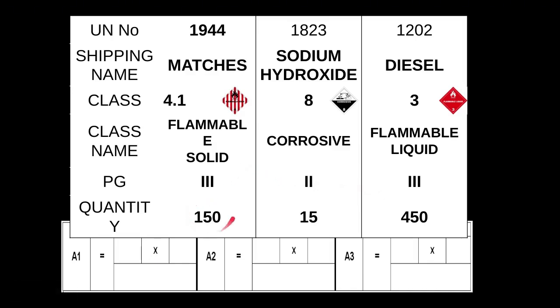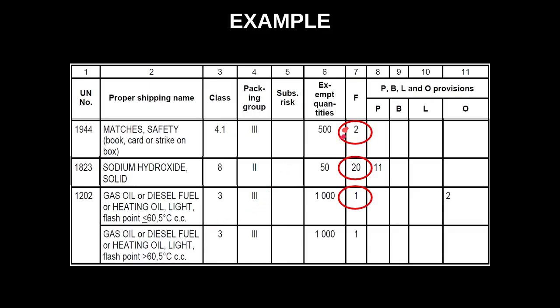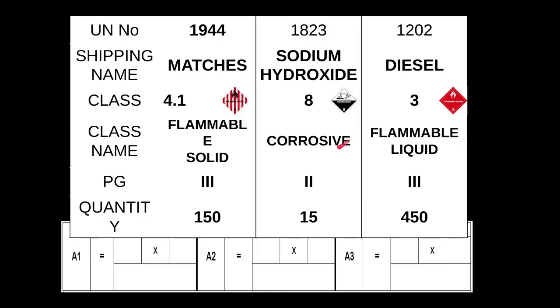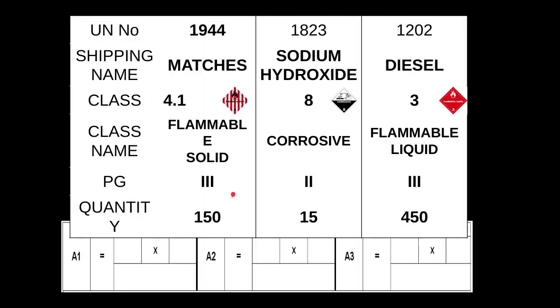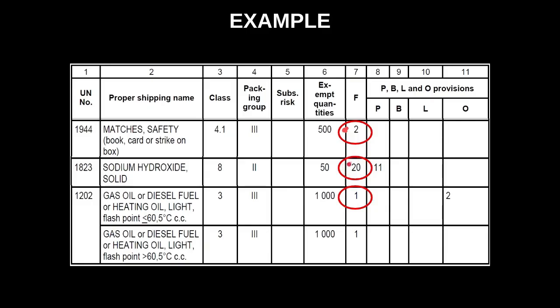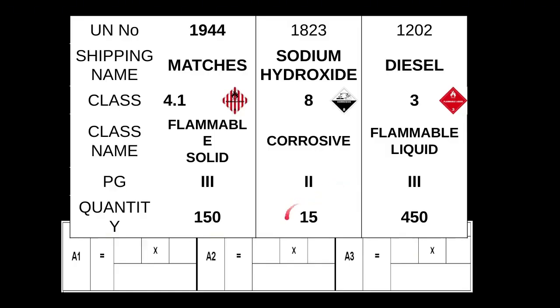150 units of matches with a factor of 2. This means we take 150 and multiply it by 2. We then get 300. 15 units of sodium hydroxide with a factor of 20. This means we take 15 and multiply it by 20. We then get 450.